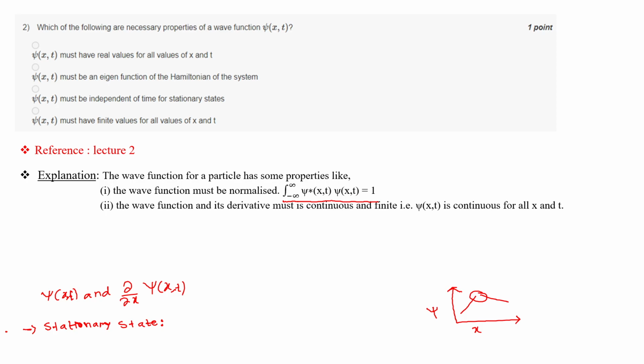Okay. So you are saying that when you are defining some function at a particular instant of time, that state is a stationary state. That's what you are saying, right? Yes, sir. Okay.